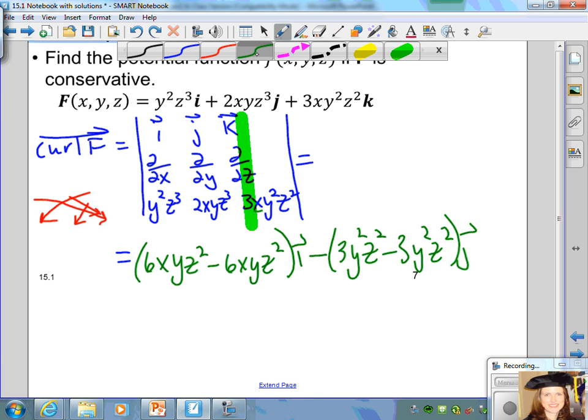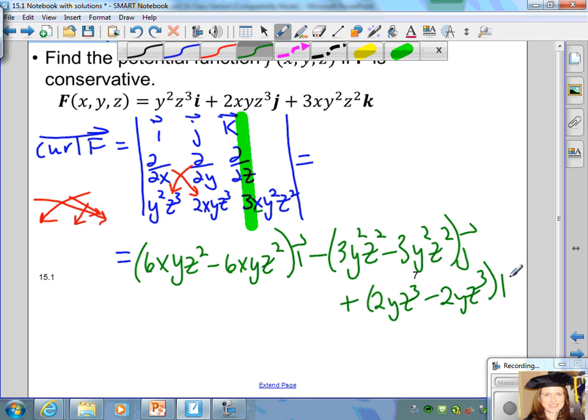So that's going to be plus, I'm kind of running off the page here, but go plus, we're going to find the determinant of this little 2 by 2 matrix, taking first the partial derivative of this with respect to x, and that is going to be 2yz cubed, and take the partial derivative going in this direction with respect to y, which is going to be 2yz cubed.